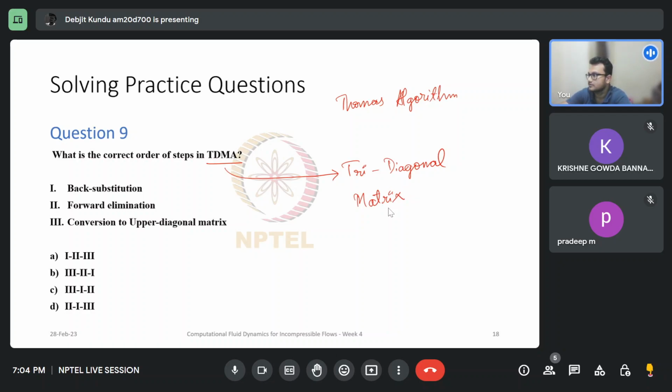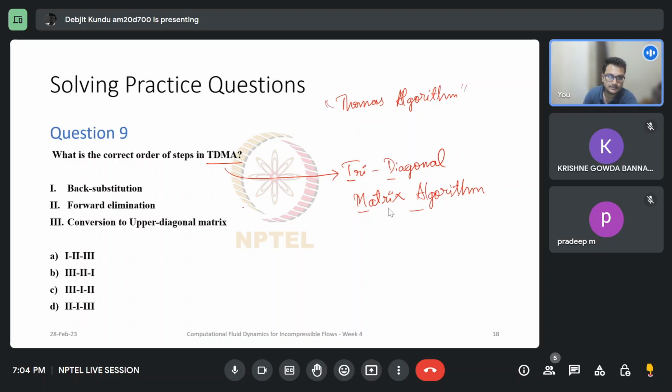I also forgot about what fuzzy. Give me a second. So TDMA, also known as Thomas algorithm.